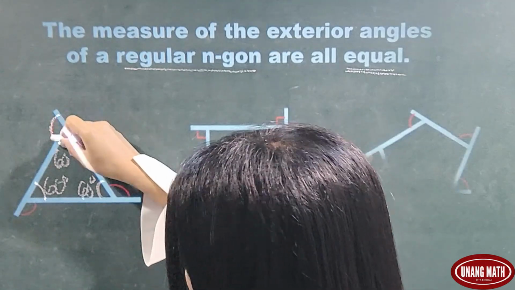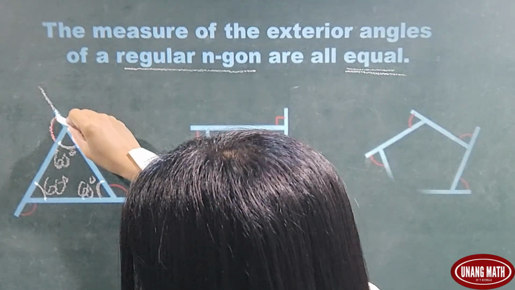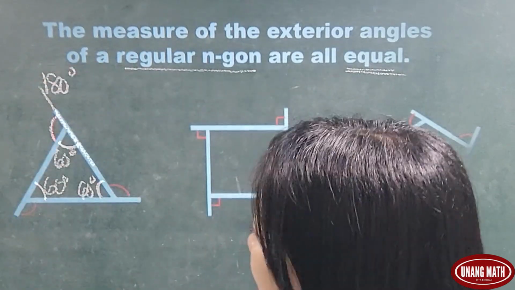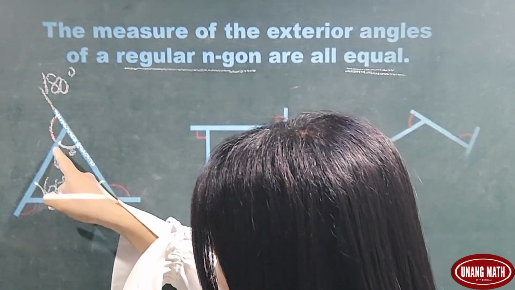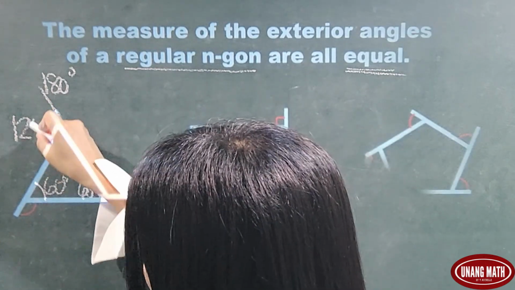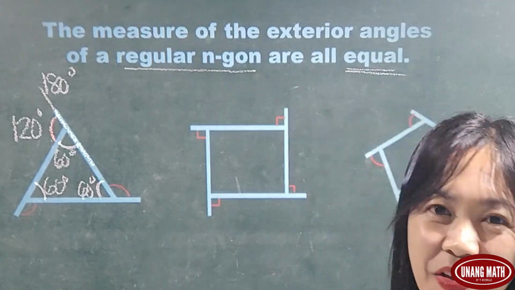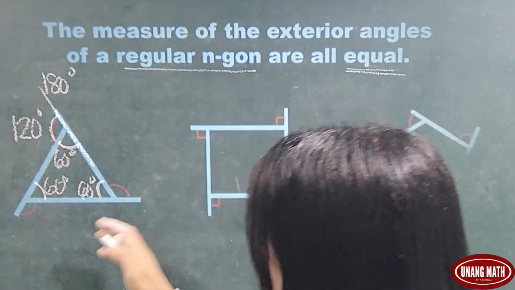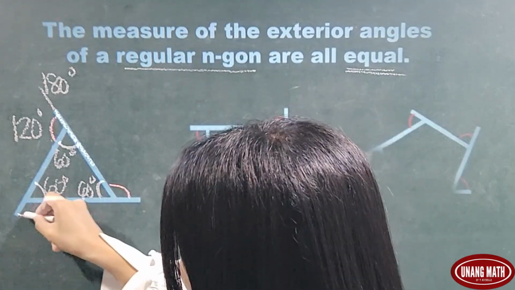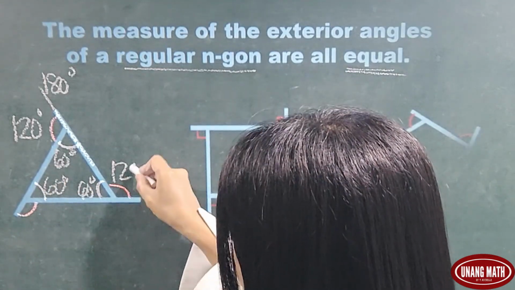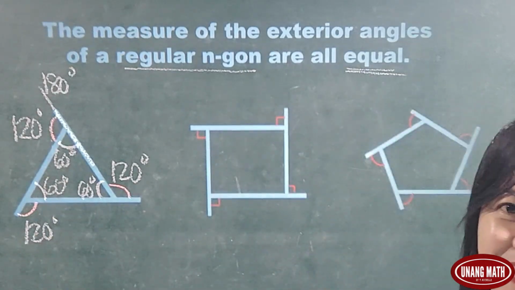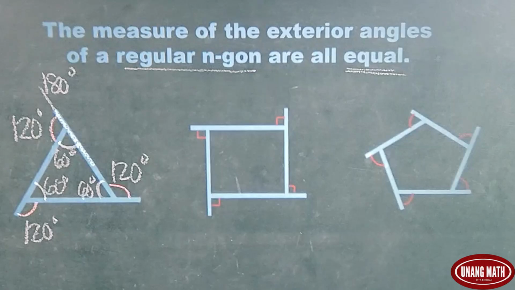Interior plus exterior angle equals 180 degrees or a straight angle. So if this is 60 degrees, then the exterior angle is 120 degrees. This is a regular triangle, so all exterior angles measure 120 degrees.